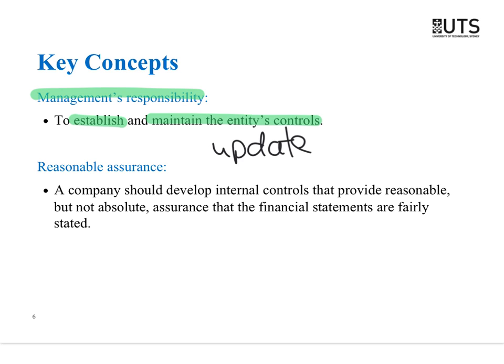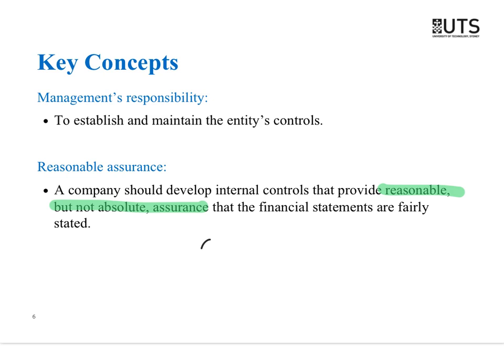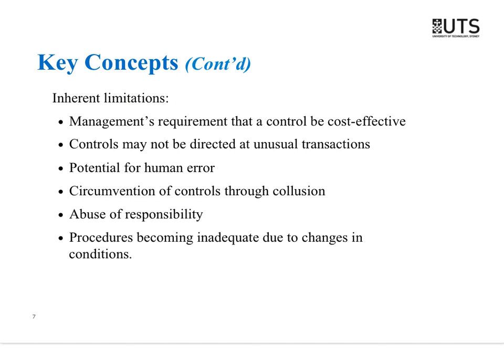Now, internal controls should provide reasonable but not absolute assurance. All right? You cannot design a control to prevent absolutely everything from happening within most organizations, because later on we're going to talk about cost versus benefit about internal controls.